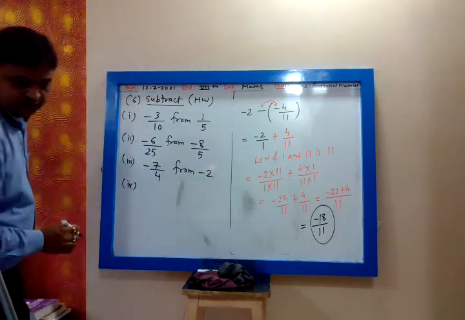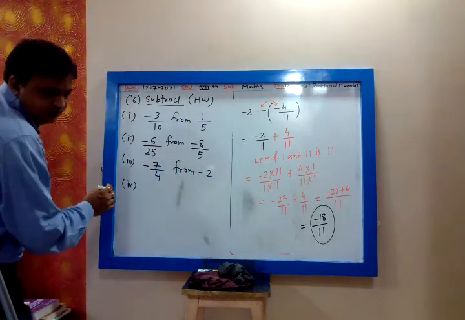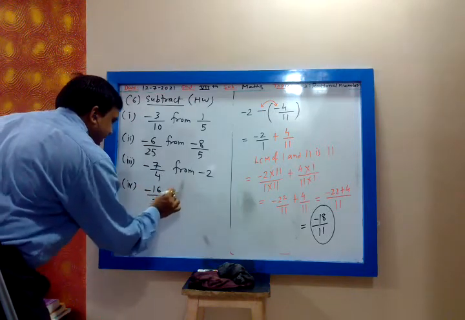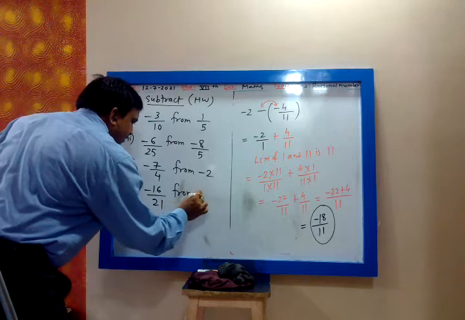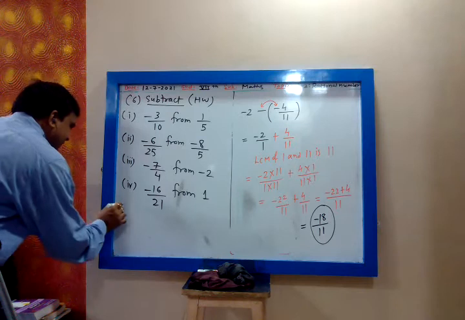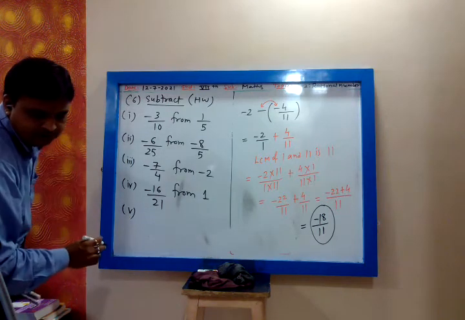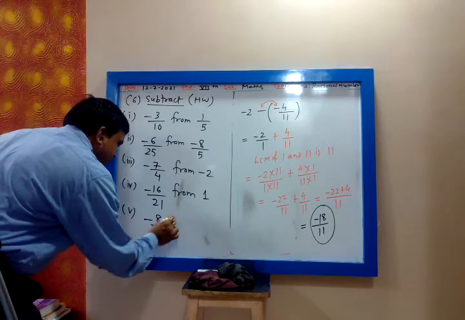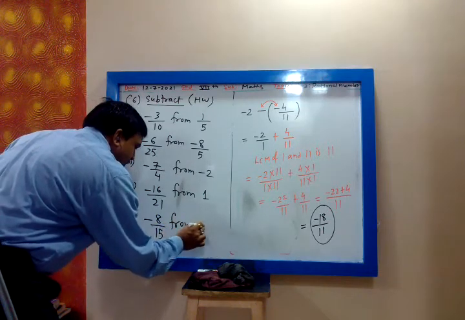Then fourth one, subtract minus 16 upon 21 from 1. Then fifth one, subtract minus 8 upon 15 from 0.